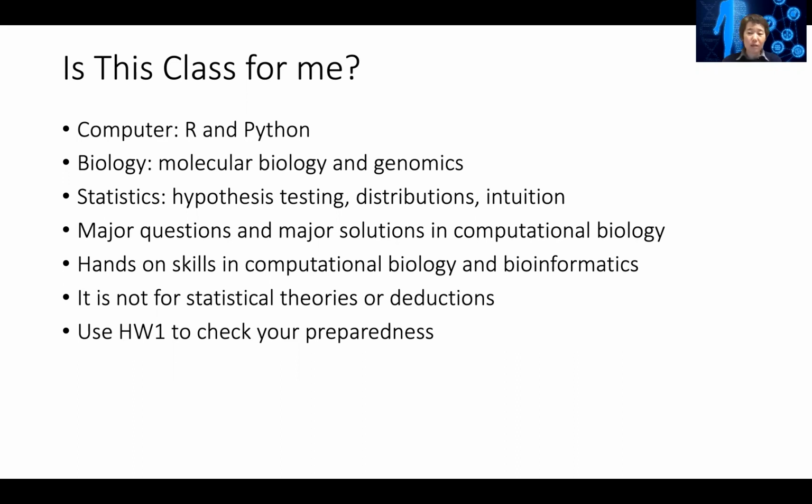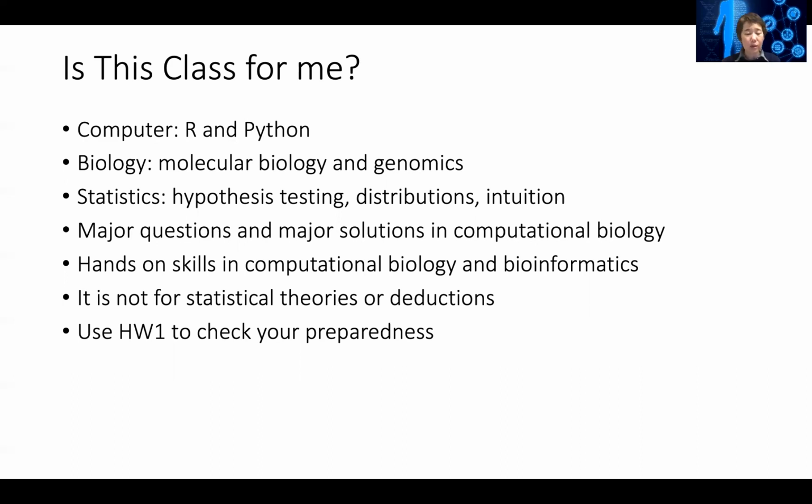And also we need students to have some basic statistics. For example, do you know how to do hypothesis testing, to understand different distributions, and the intuition between those distributions and statistical tests? These are some of the requirements in the course.